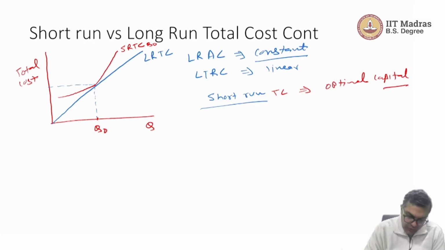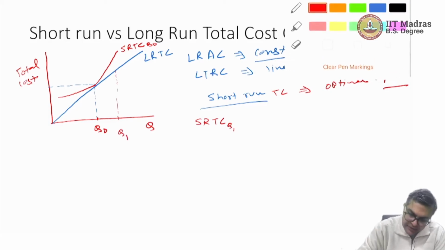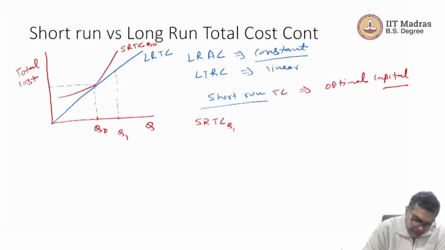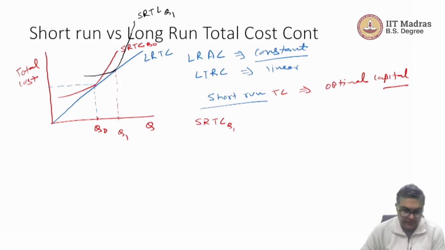If I want to draw another short run total cost curve, let us say at the level of Q1, let me use a different color. Black. So, it is going to be something like this, and let me write here short run total cost Q1.